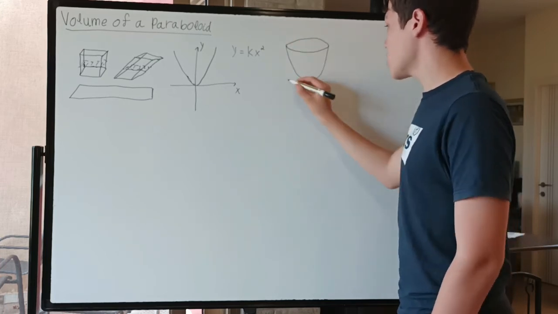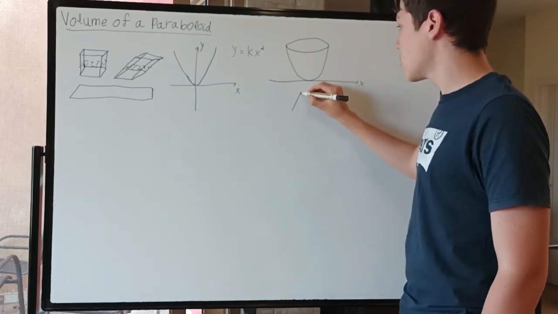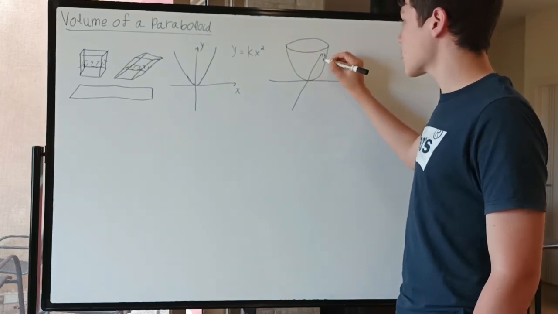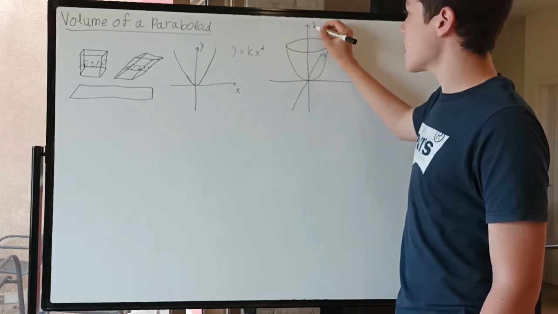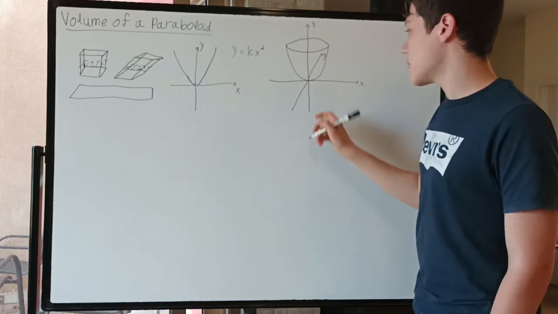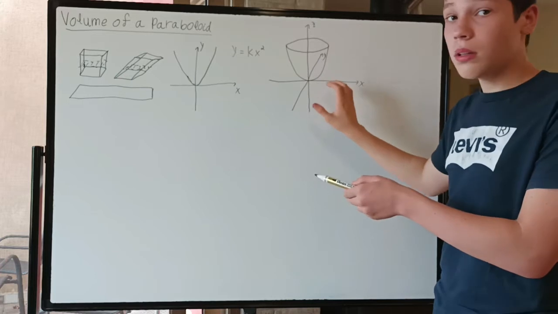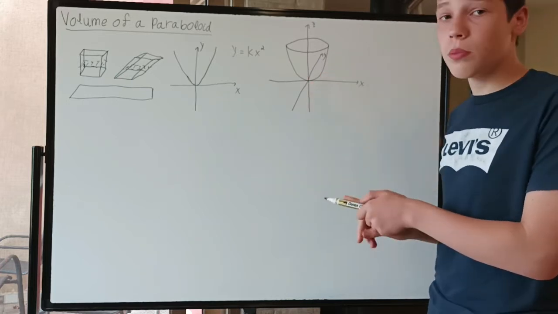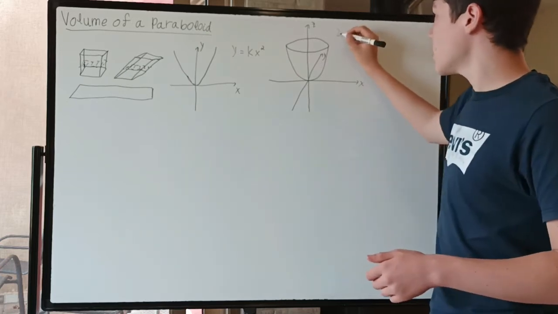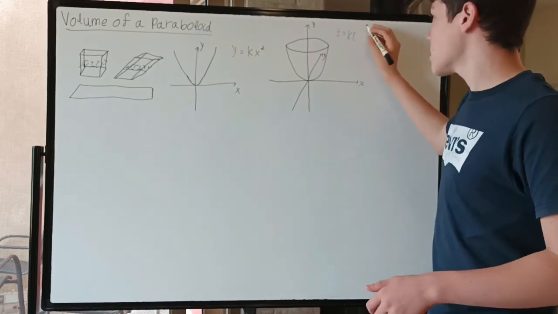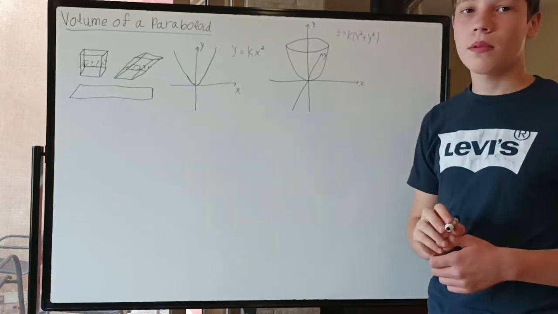In 3 dimensions, if this is the x-axis, this is the y-axis, and this is the z-axis, and the paraboloid is tangent at the origin to the xy plane, then its function is z equals k times (x squared plus y squared) for some k.